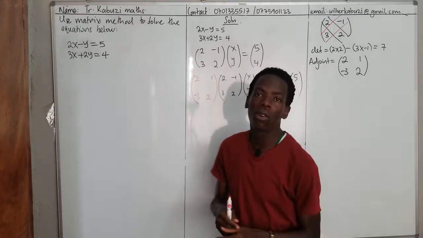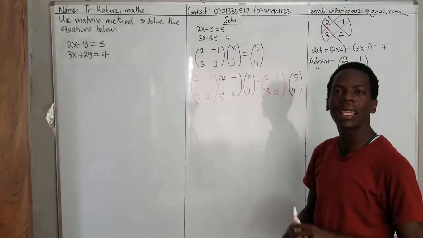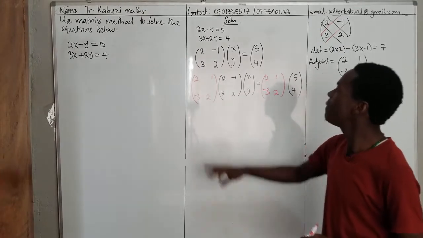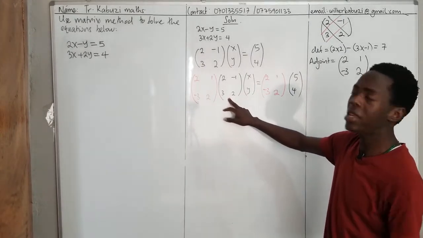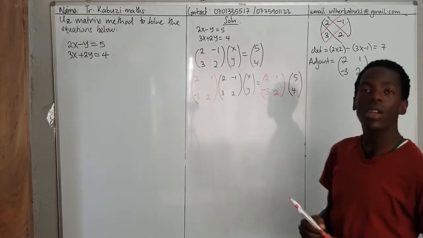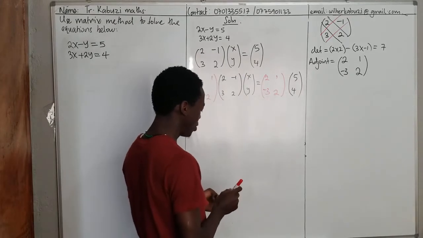Now here we come to matrix multiplication. We say row by column. But the easiest technique is, if you multiply the adjoint with the matrix which gave you that adjoint, you are going to get a matrix of order 2 by 2.